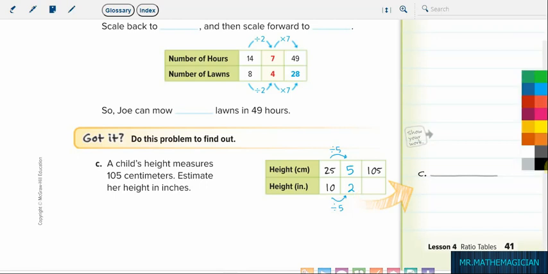Now it's very clear that to move from 5 into 105, I should multiply by 21. So I must multiply here also by 21, and the answer will be 2 times 21, 42. So 42 inches.